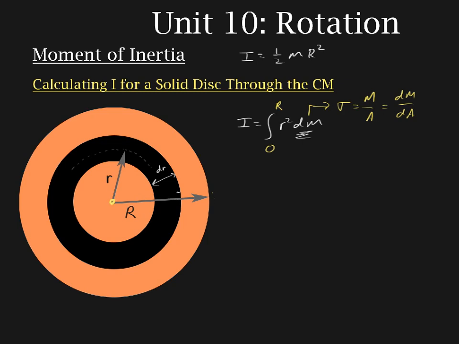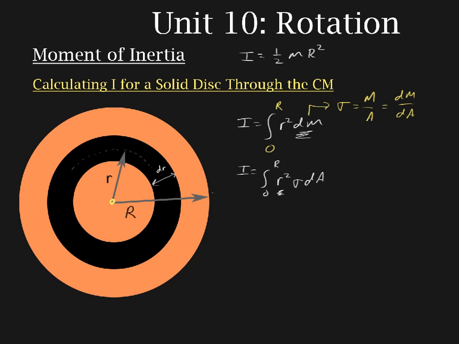Okay, so basically what we get is this: I is equal to the integral from 0 to R of r squared. Now dm is going to become sigma dA. dA still is not a known value. We need to get this down to r, where we want to integrate it with respect to r.